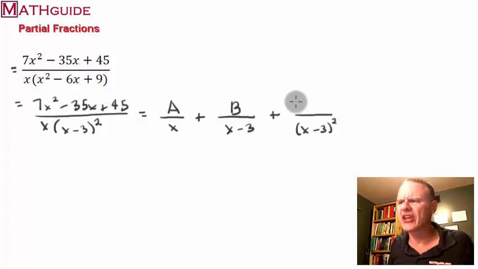So you think, oh, this is going to be a cx plus d to have 1 degree less, some polynomial of degree 1. Nope. You just take what's inside, and what's inside is an x minus 3, which is linear. So I'm going to use a c there, which is degree 0, 1 less.